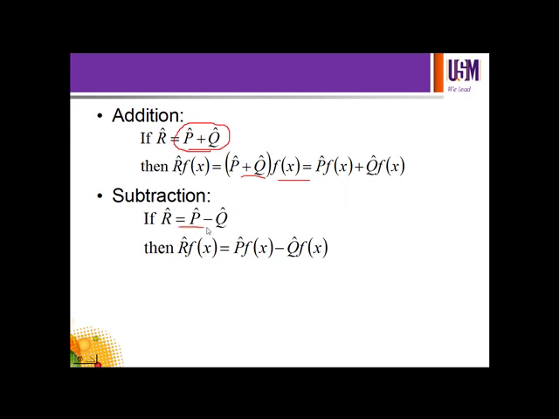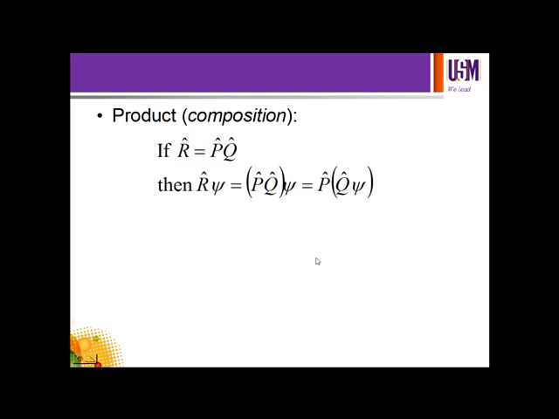For subtraction, if we define R as P minus Q, operator R equals operator P minus Q, then Rf, that means if you multiply with the function, then just like the addition part, you basically have the difference between operator P multiplied by f minus operator Q multiplied by f. Okay, or operator Q for f of that function.